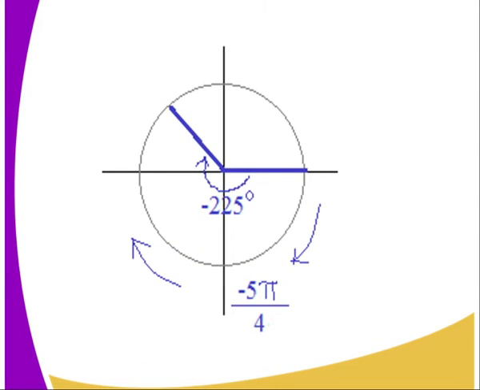You can see an angle of negative 225 degrees is in the second quadrant, where the angle is greater than negative 180 degrees and less than negative 270 degrees.